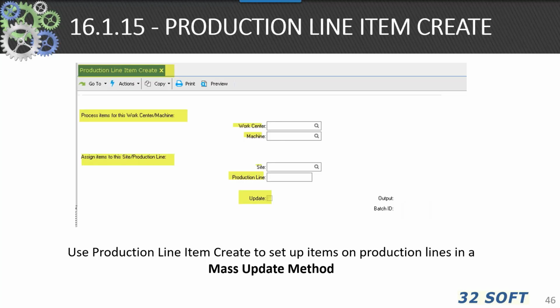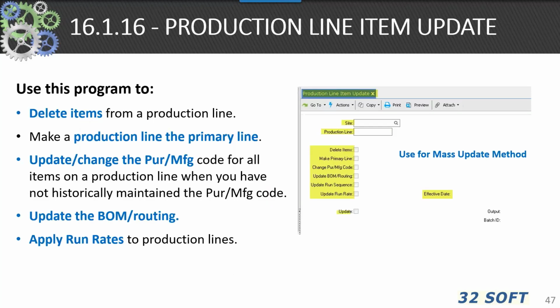16.1.15, you can use this in a mass update mode, to mass process items for work centers and assign items to production lines massively. 16.1.16, the production line update, allows you to mass update and delete items from production lines, make a production line a primary line, change make/buy codes, update BOMs and routers, and apply run rates to production lines.